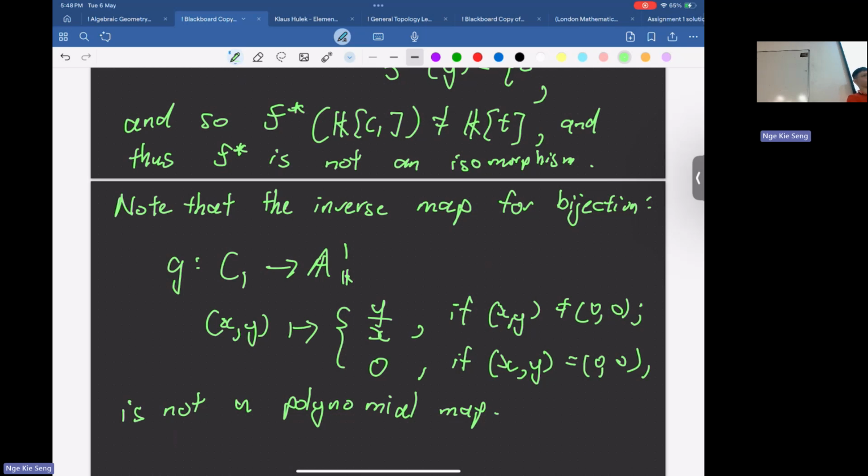You cannot find the inverse as a polynomial map. Does it make sense? Okay. The obvious one is not a polynomial map, and you show that no polynomial map can be the inverse of this, using some degree argument. I'll put it inside the notes. Okay, any question?